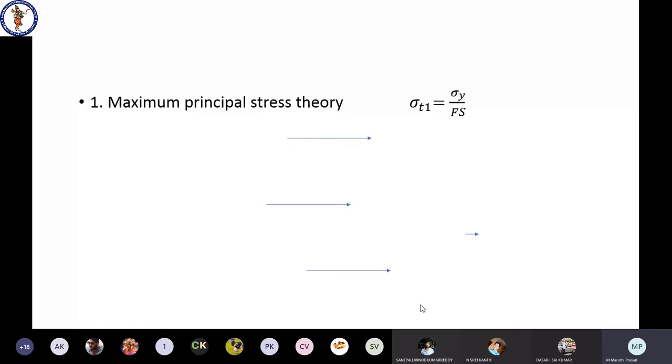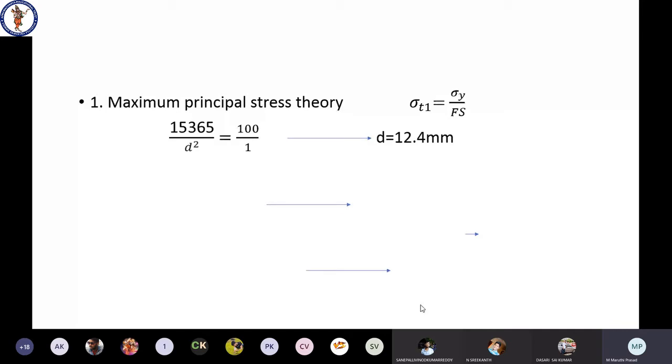Sigma T1 we have already calculated, sigma Y is given, Fs is assumed. So you just substitute the values in this equation. Sigma T1 is 15,365 by d square equals 100 by 1. By simplifying, we are getting d equals 12.4 mm.